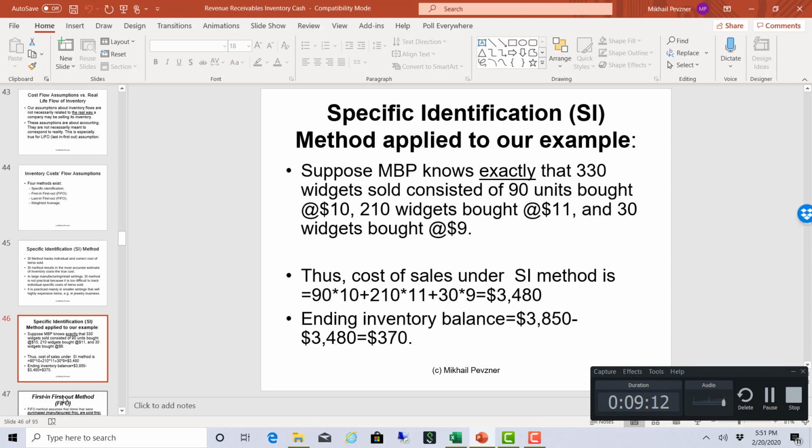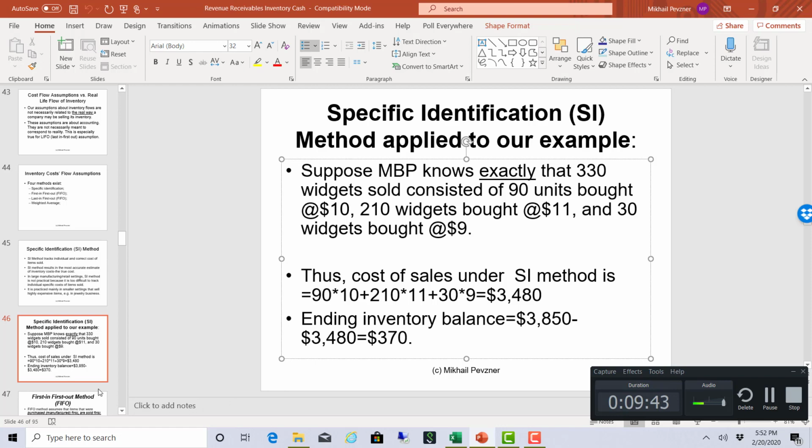If you did specific identification, you just add up the cost of those units. In this example, you know exactly 90 units at 10, 210 at 11, 30 you bought at 9. Then you calculate cost of sales precisely, and the ending inventory balance is the cost of goods available for sale minus the specifically identified cost of sales.